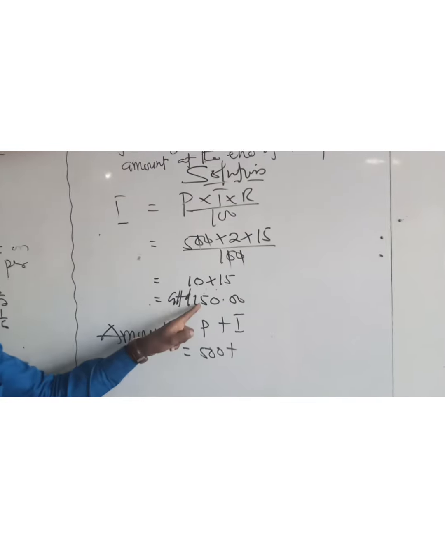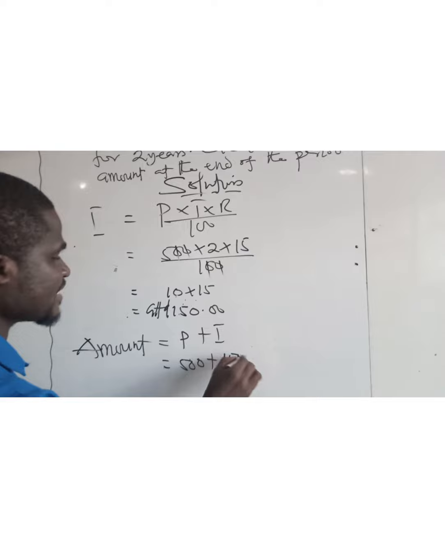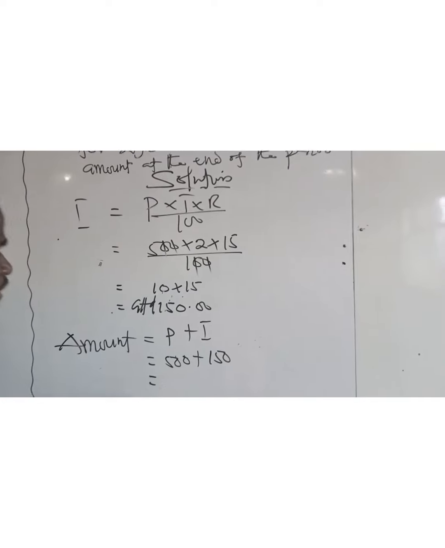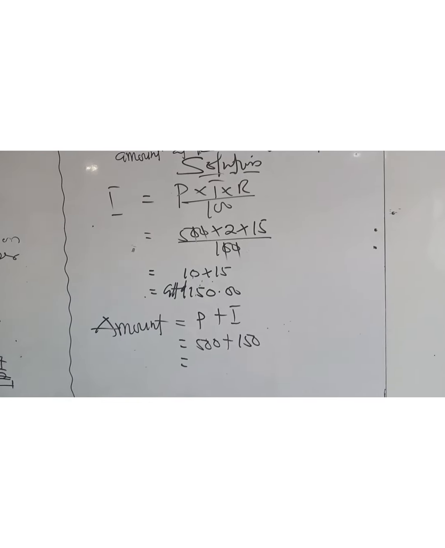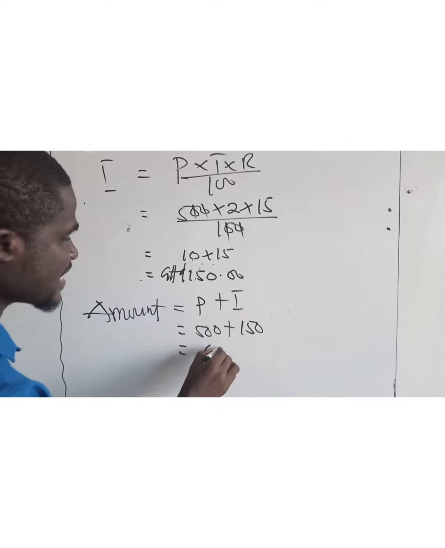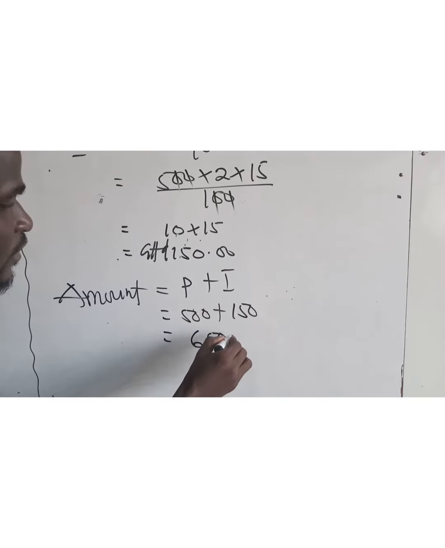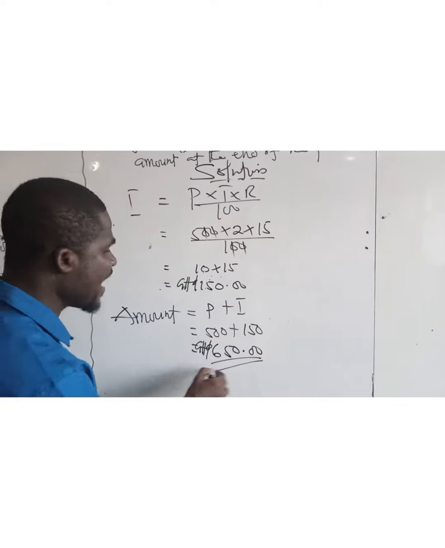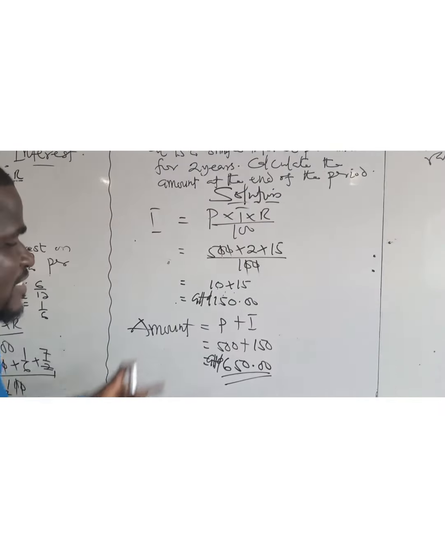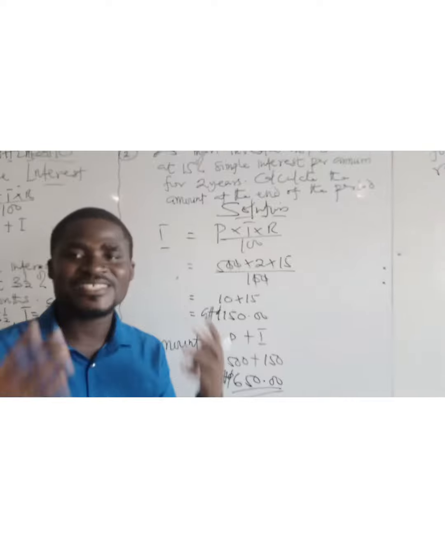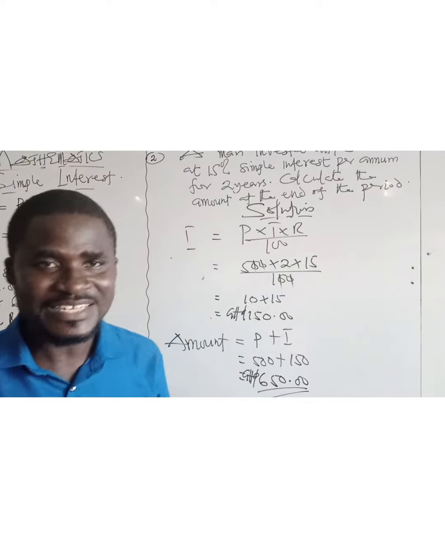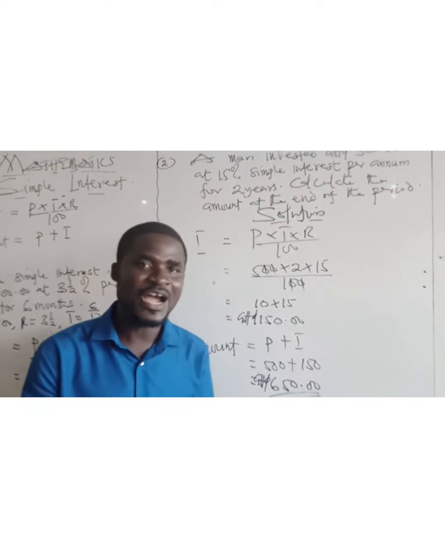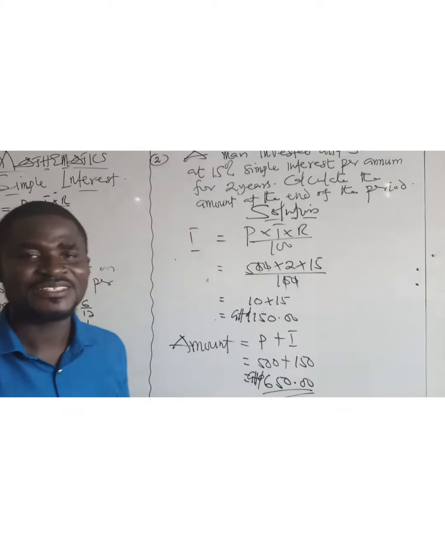Our interest here is 150 Ghana cedis. Now let's add it. So you're going to have 650 Ghana cedis. So at the end of the 2 years, we are going to pay 650 Ghana cedis.